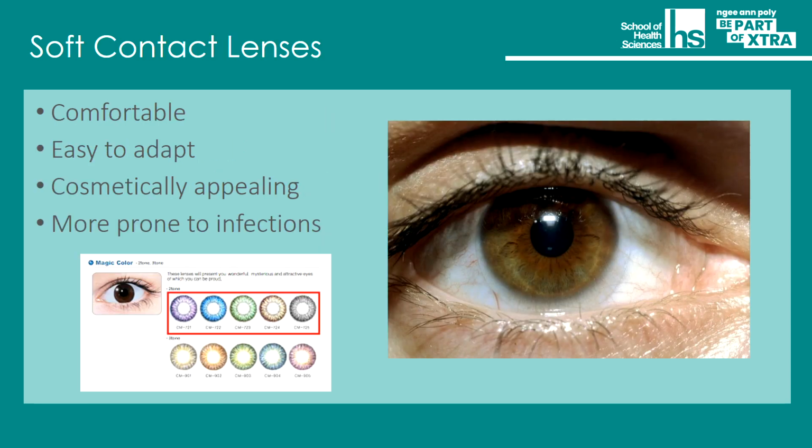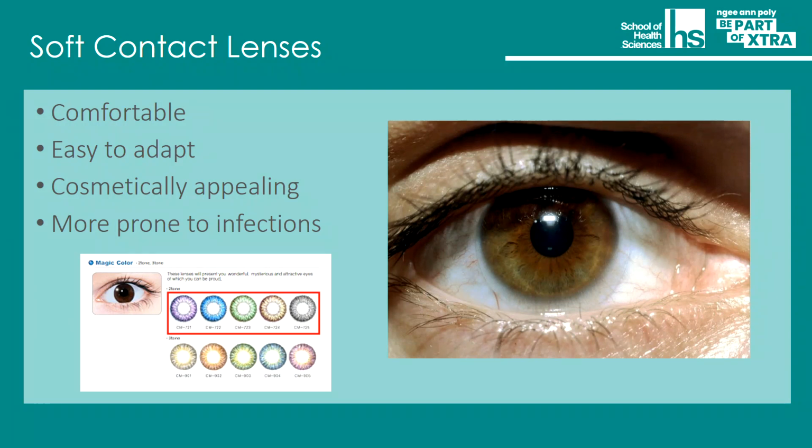Soft contact lenses are comfortable, and because they are comfortable, they are easy to adapt to. They are also cosmetically appealing. As you can see at the bottom, they come in different colors, but that doesn't mean all soft lenses come with colors. There are soft lenses without colors as well, as you can see in the picture on the right-hand side with the eye on it.